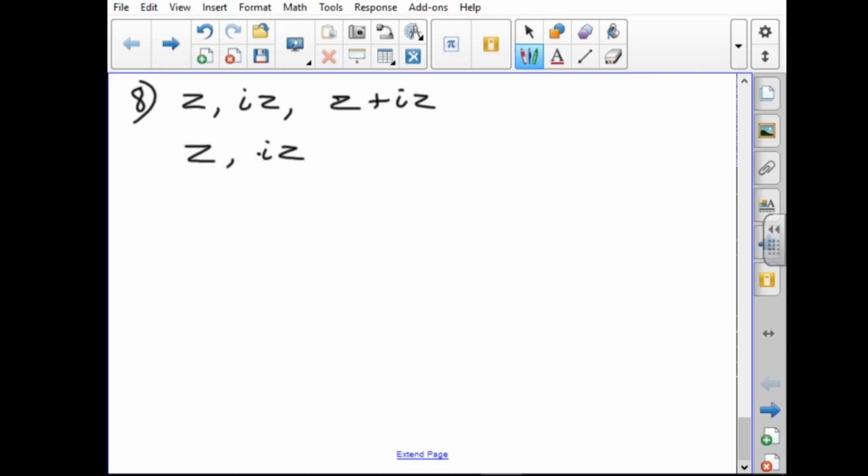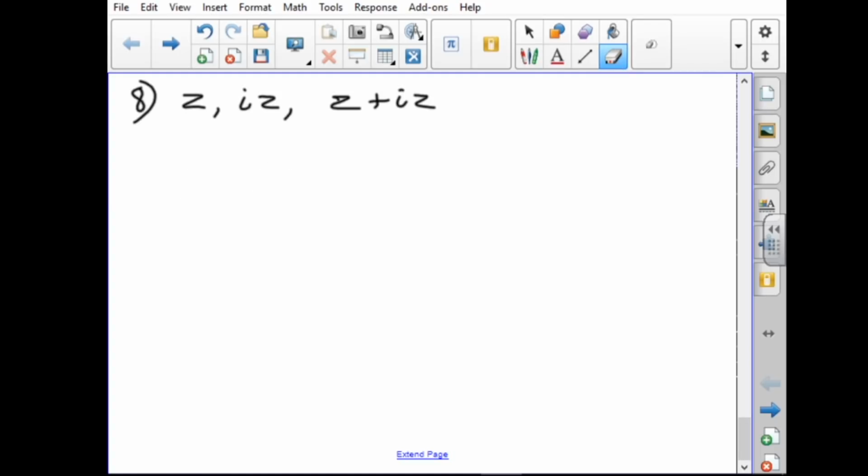So, the angle between Z and iZ will be 90 degrees. Therefore, the triangle formed with these three vertices will be a right angle triangle. So, we can find the area of the right angle triangle.